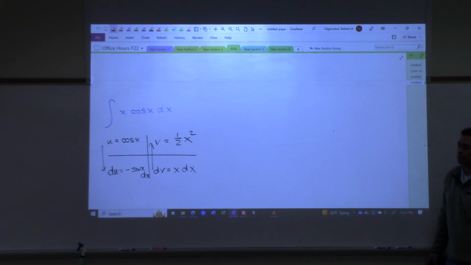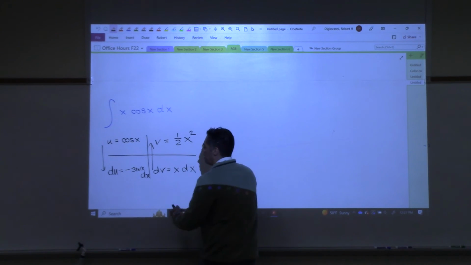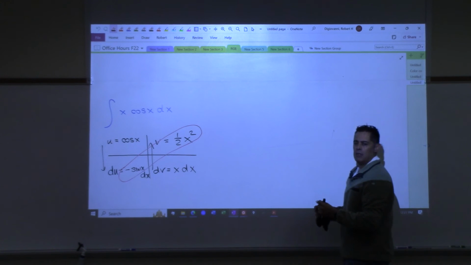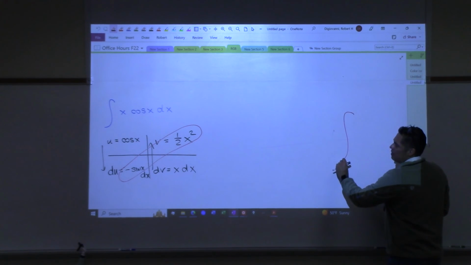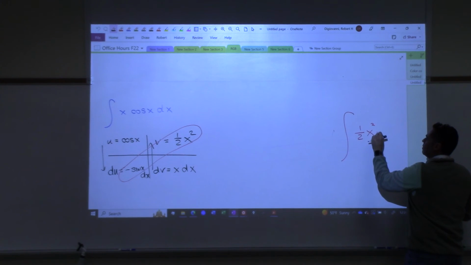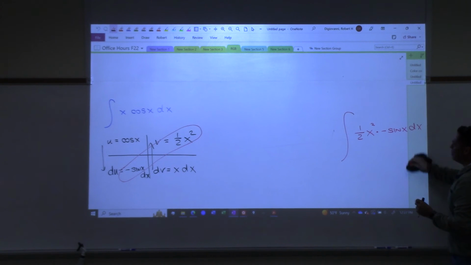Yeah? So do you remember when I said I'm going to look at the diagonal and I'm going to think about that new integral? So I'm thinking to myself, this new integral over here is going to have a 1/2 x squared times a negative sine x dx, right? That's what it's going to have in it.